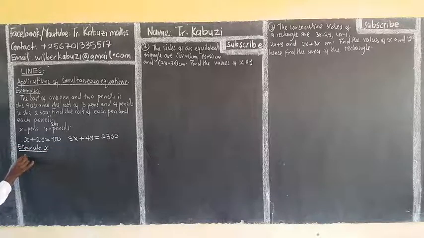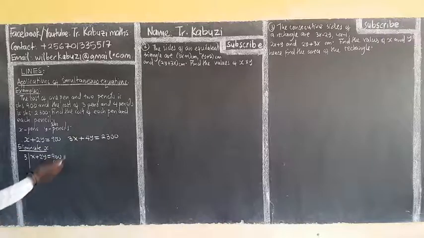So 3 in the first equation, 900. Then in this one, I multiply with the coefficient, and then you solve simultaneously.